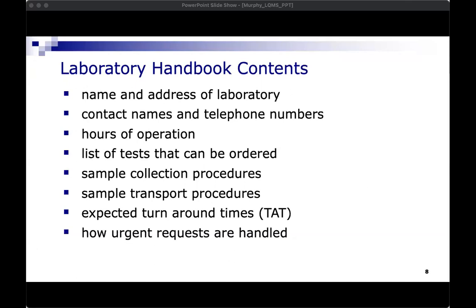The sample collection procedures, so detailed information on sample collection requirements for those tests, sample transport requirements, the expected turnaround time, and a description of how urgent samples are handled. This should include a list of what kinds of tests are done on an urgent basis, what the expected turnaround times are, and how to order urgent requests.